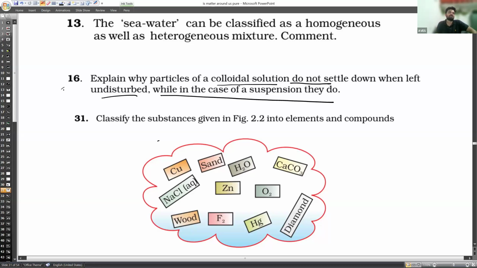So write down the question 16 and then I'm going to help you to write the answer. Write down on the question 16 fast.